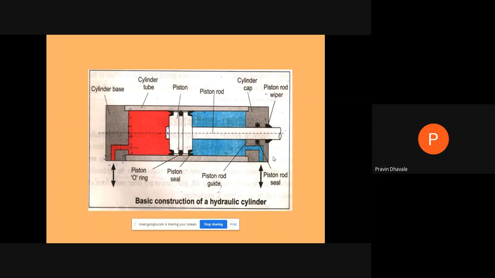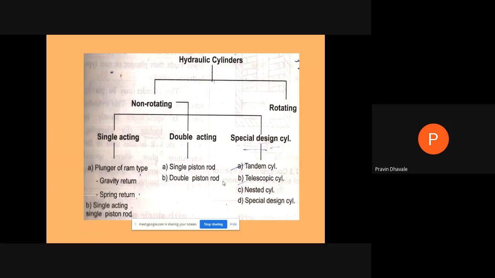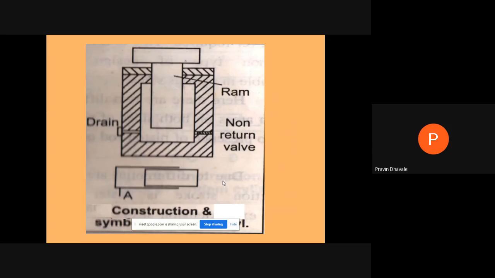It consists of cylinder tube, piston seal, piston rod, piston rod seal, piston wiper, cylinder base, right? These all are the elements of the hydraulic cylinder. Whatever we have seen will be discussed. That is hydraulic cylinder classification.